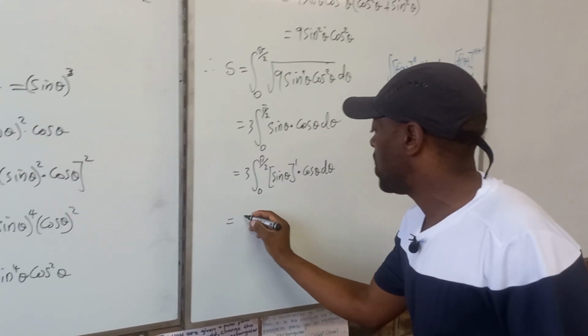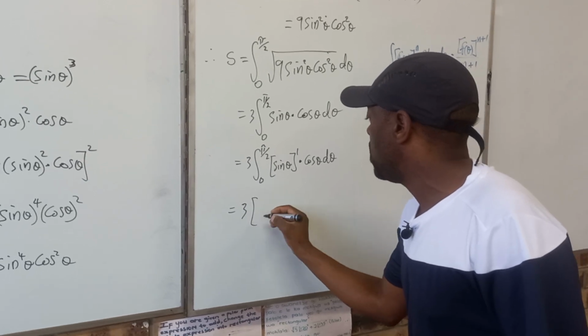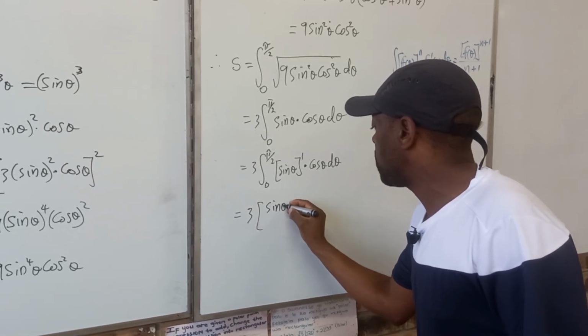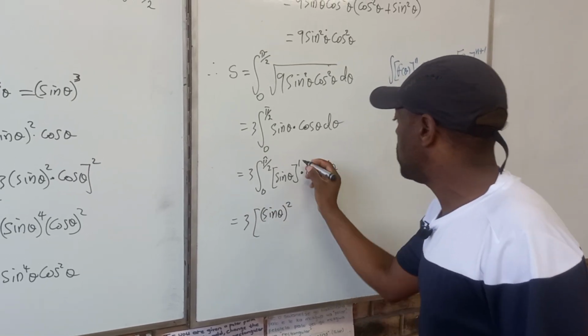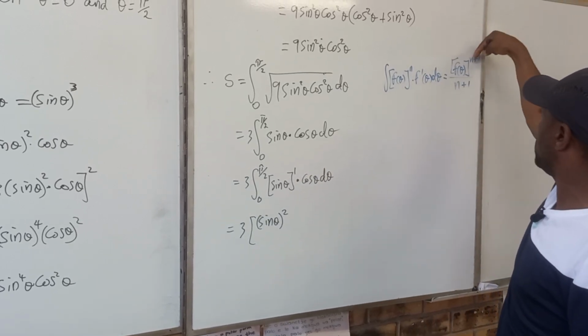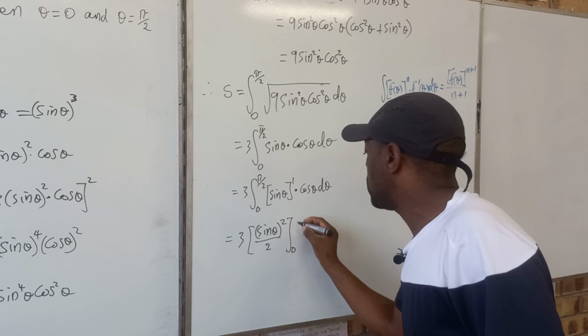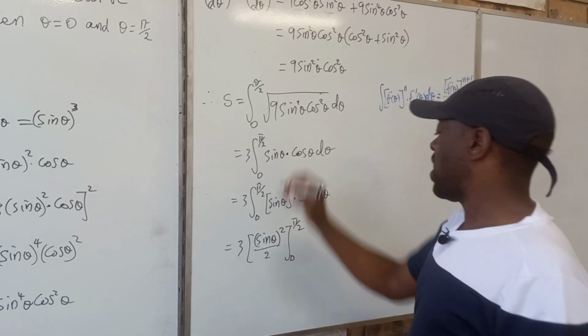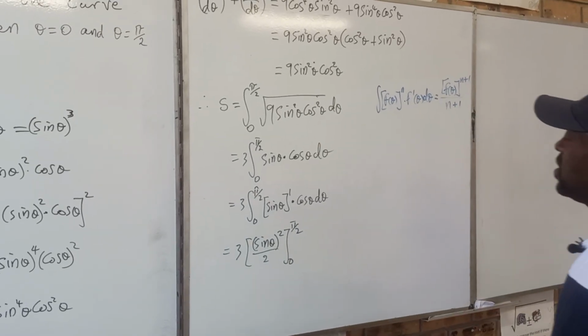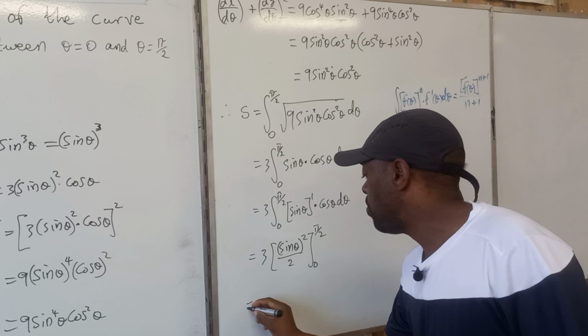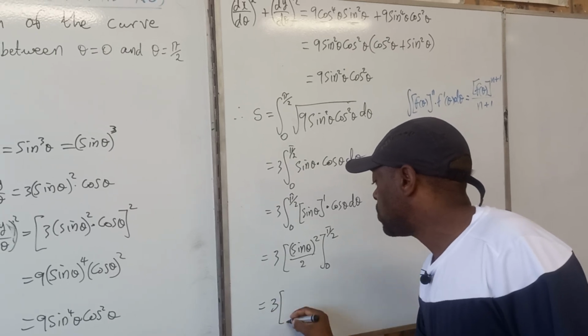So if I'm writing my answer, I'll get 3 in bracket the sine of theta to the power 2, because the power must increase from n to n plus 1, then divided by 2 from 0 to pi over 2. So that's my integration. I can now put my limits, starting with the upper limit.